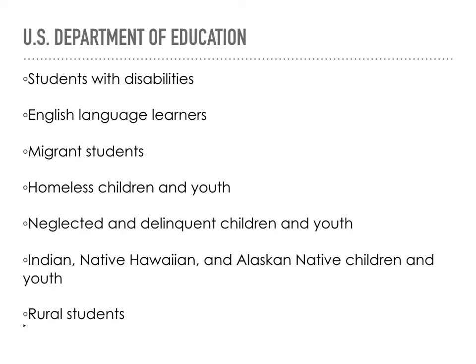The U.S. Department of Education defines diverse learners as students with disabilities, English language learners, migrant students, homeless children and youth, neglected and delinquent children and youth, Indian, Native Hawaiian, and Alaskan Native children and youth, and rural students.